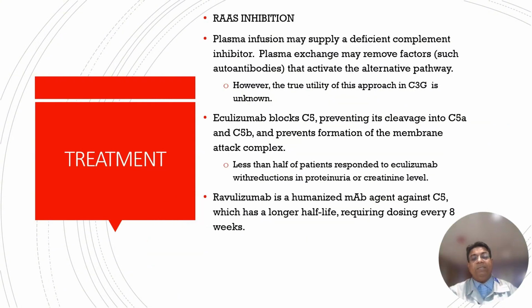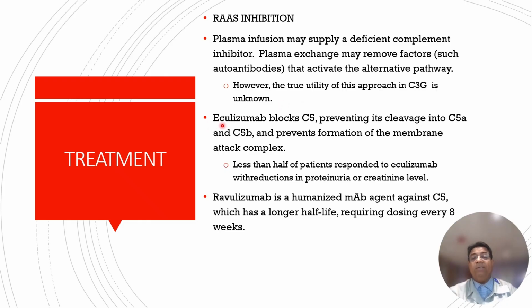RAS inhibition is appropriate. Plasma infusion may supply a deficient complement inhibitor. Plasma exchange may remove autoantibodies that activate the alternate complement pathway. The true utility of this approach in C3 glomerulopathy is actually unknown.